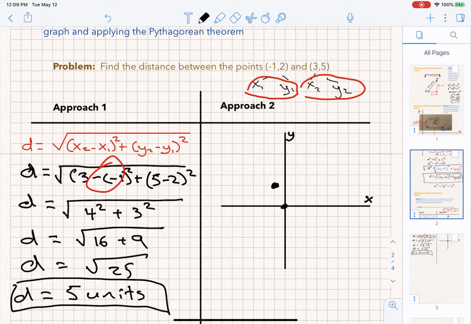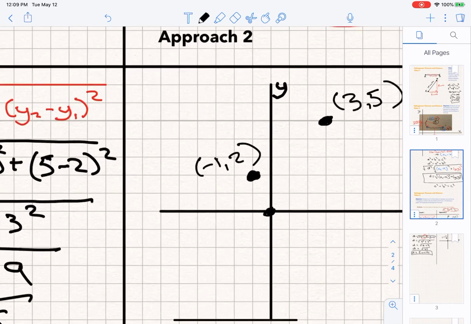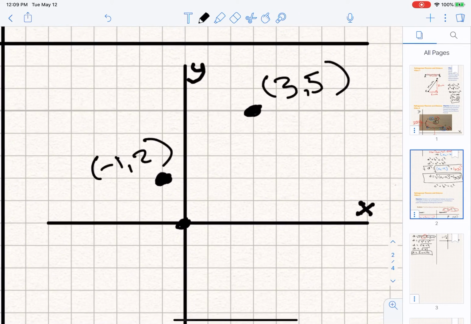Okay. I'll label that. That's -1, 2, right there. And then we're going to graph the point 3, 5. Go 3 to the right, 1, 2, 3, 4, 5, up. Takes a little bit of time, but this is a really elegant and satisfying way to go.